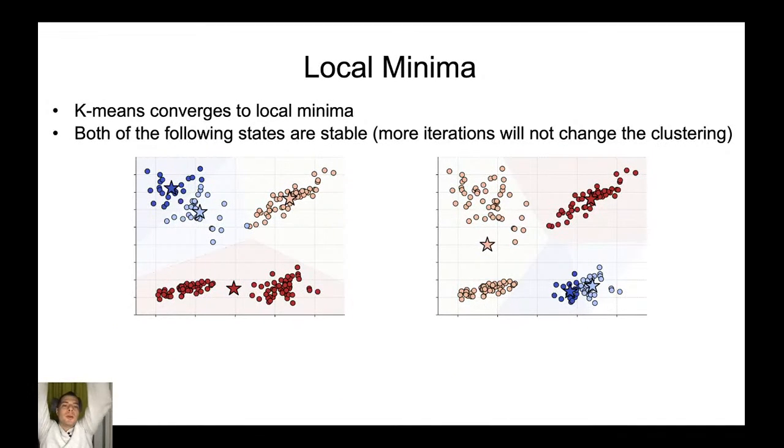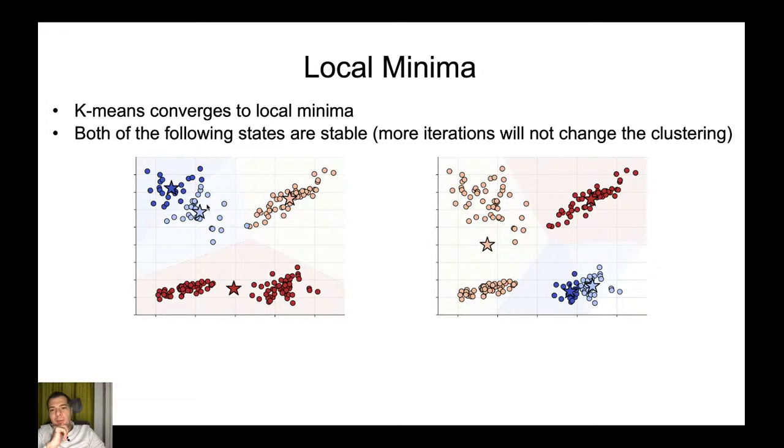This is also because of the problems that we are about to discuss next. As we stated earlier, k-means converges to a local optimum. This means that from two different initializations, you can obtain different solutions that look like this.